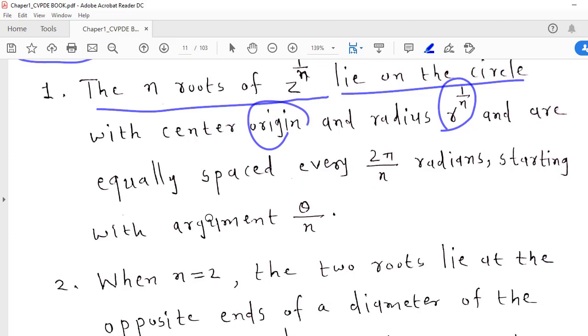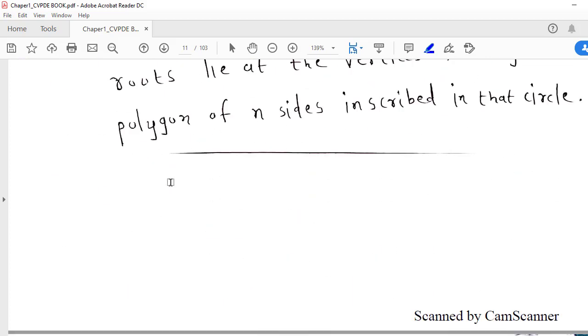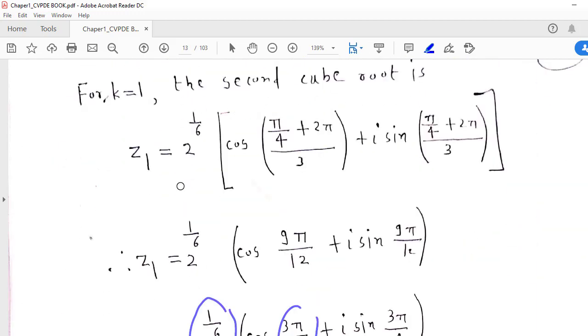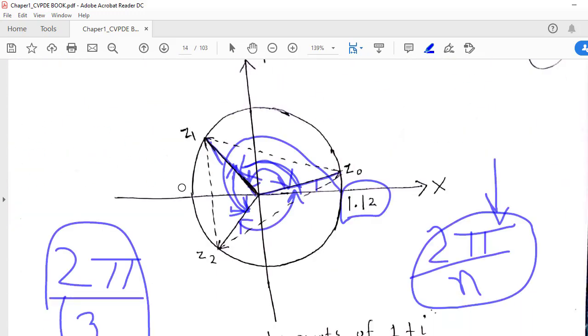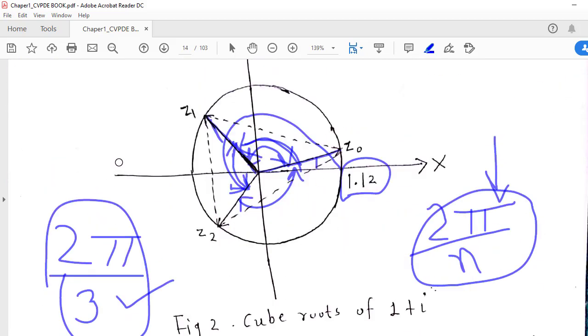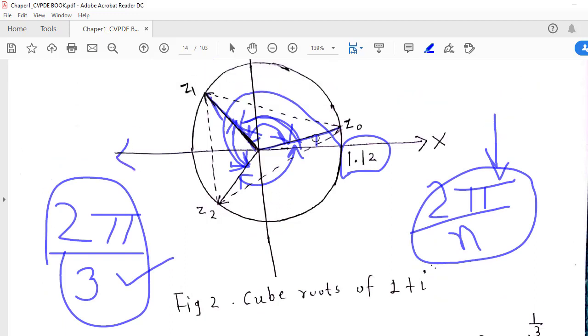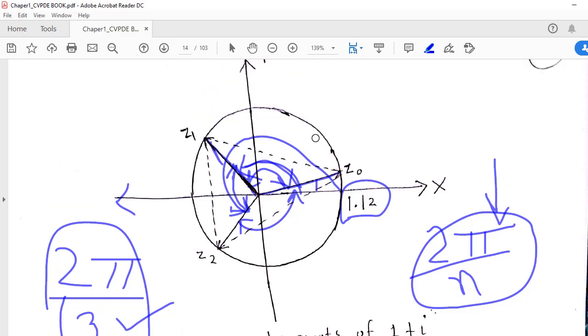Another observation is all the n roots are equally spaced every 2 pi by n radians. Here the roots are equally spaced every 2 pi by 3 radians because n equals 3. In this way you can represent all the complex roots in the complex plane using modulus and argument.